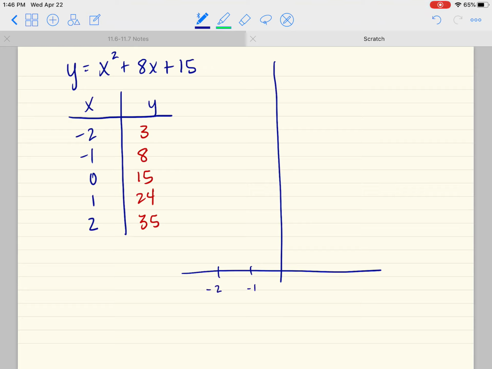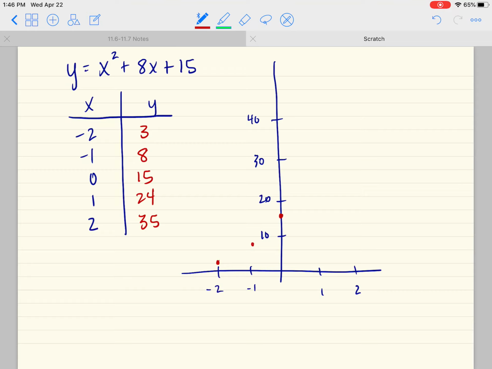No. So when we go to graph this, we're going to go really ridiculous on the y's. So 1, 2, and then let's just say 10, 20, 30, 40, just to make this sketch real quick so you can see.